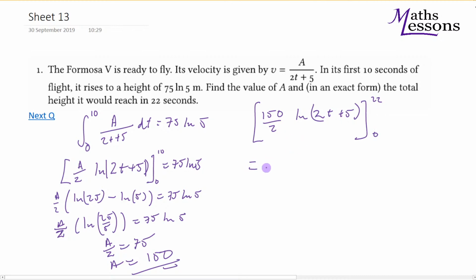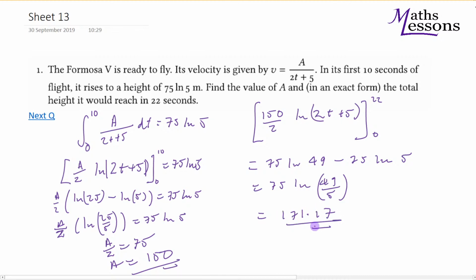Put that in, so we've got 75 natural log of 44 plus 5 is 49, minus 75 natural log of 5. So that's equal to 75 natural log of 49 over 5. And it doesn't say we need this in exact form. This is an exact form. If you wanted to calculate that, we get 171.172 to that many places.